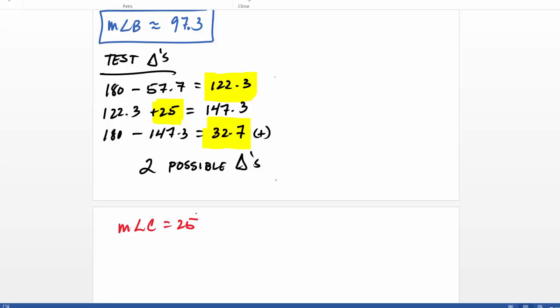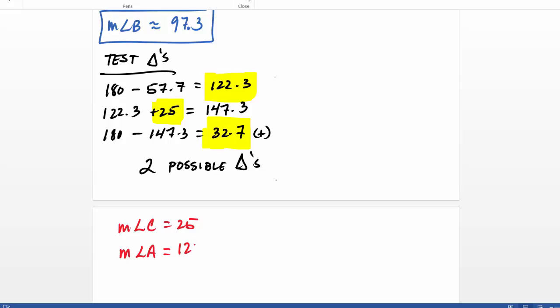What we found in this process is by subtracting the initial angle that I found for A of 57.7, I found 122.3 in this case, and that told me what the other possible angle A measure was.